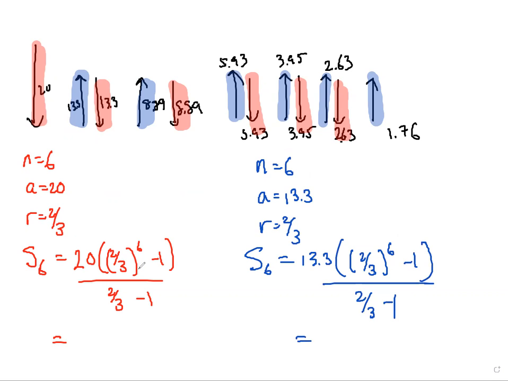If I were to figure both of these out, the first red arrow would give me a total of 53.73. And the blue would give me 2 over 3 to the power of 6 minus 1 multiplied by 13.3, divided by negative 1/3, which is 36.489, something like that.